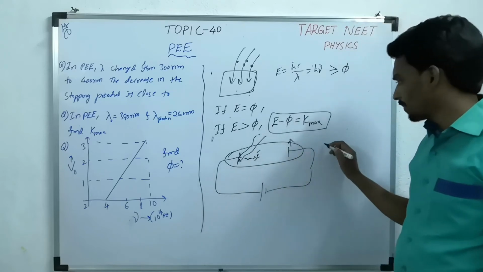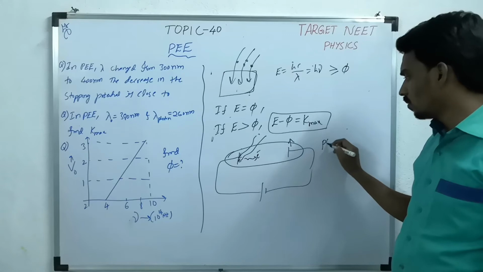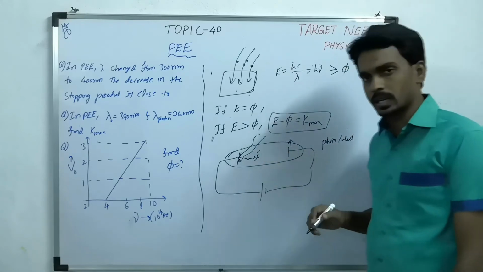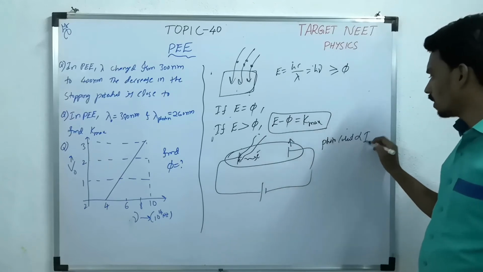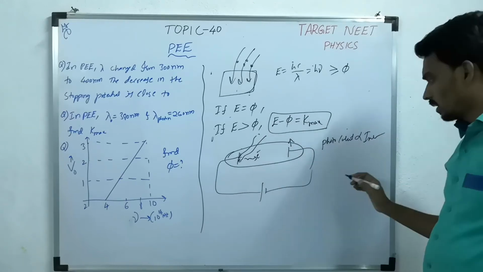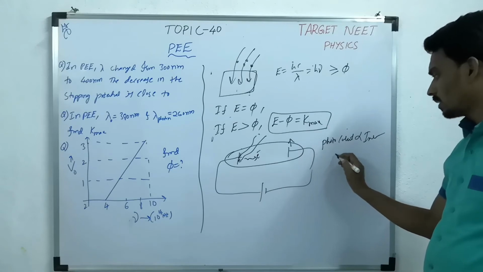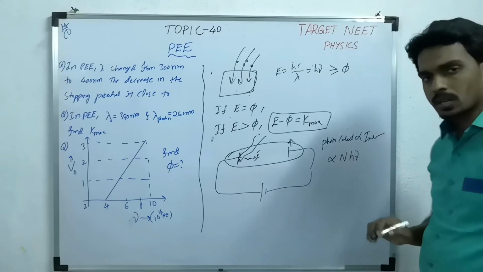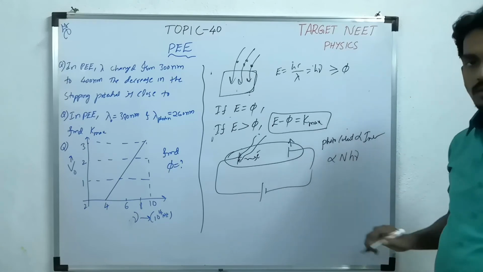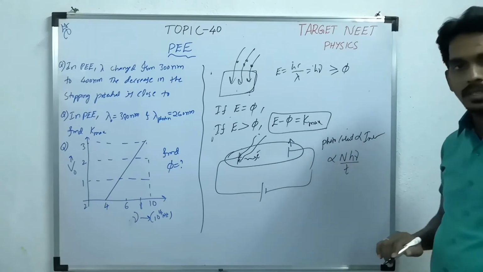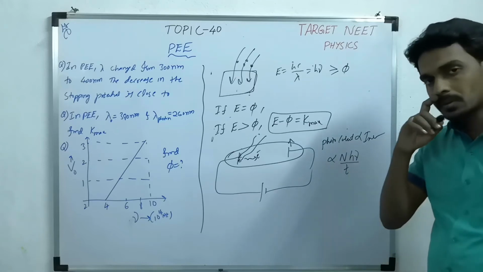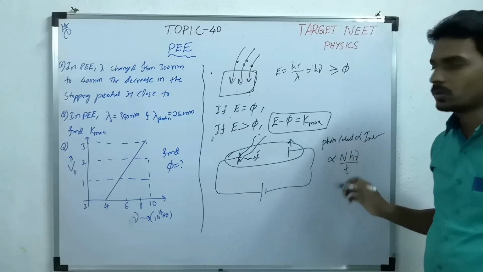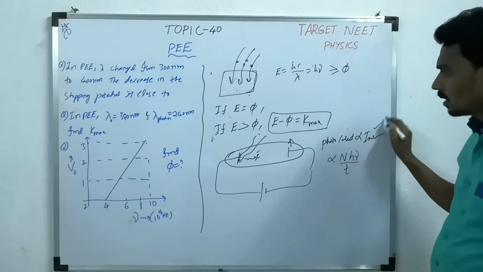That's why the photocurrent, that is the current due to the photoelectrons, is proportional to intensity, where intensity is proportional to the number of photons and the photon energy, N h nu. You can take it per unit time, because intensity is proportional to power, and power means total energy per unit time. So this is one relation.